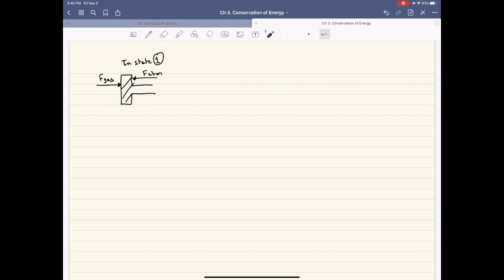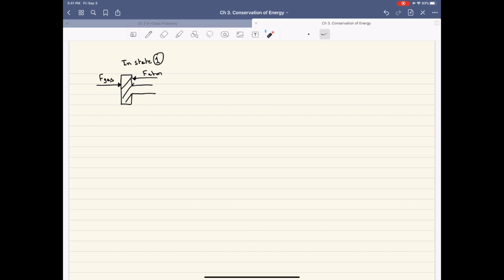Now, in the initial state of the piston, nothing is happening. Nothing is moving. It's just staying still. If it's staying still, that tells us that the force of the gas acting on the left-hand side of the piston must be equal to the force of the atmospheric molecules acting on the right side of the piston.